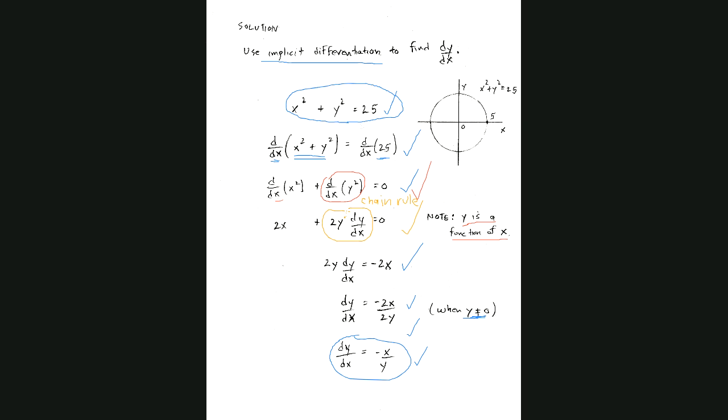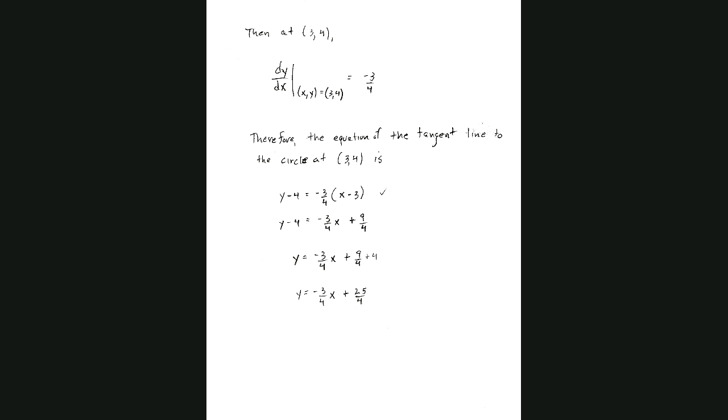Thank you, everybody. So now I'm going to evaluate dy dx when my coordinate xy is 3, 4. And that's going to be negative 3/4 because, well, 3 is my x and 4 is my y.